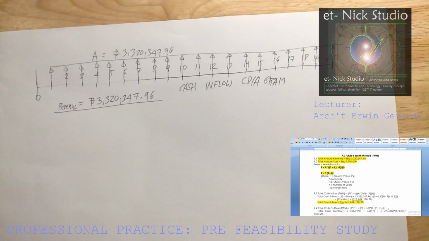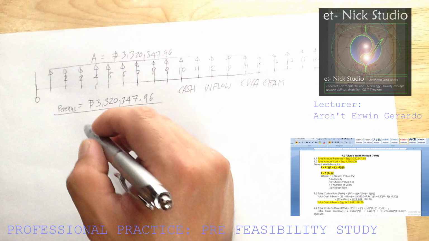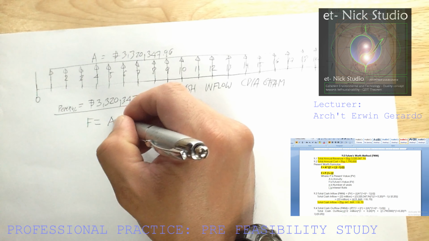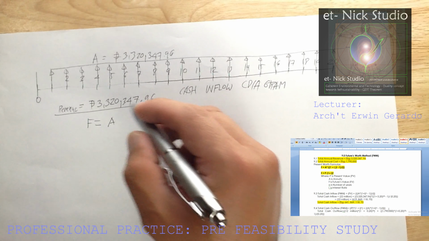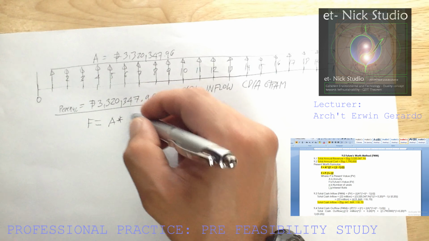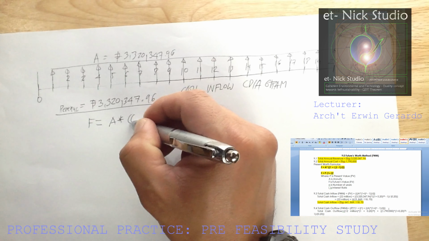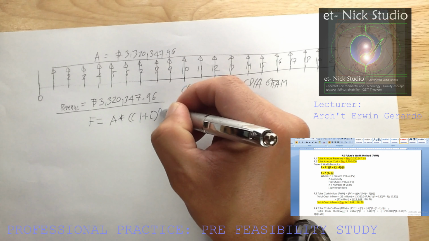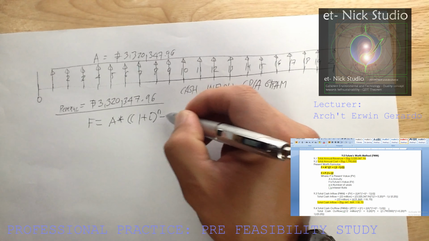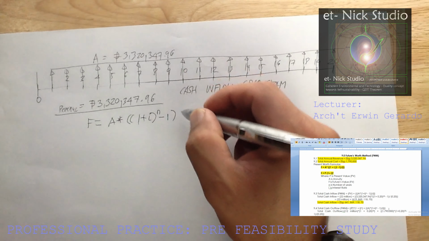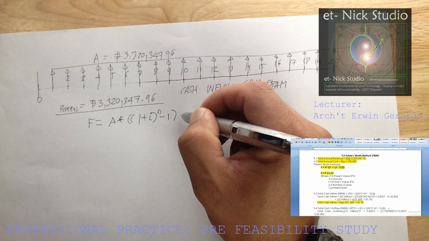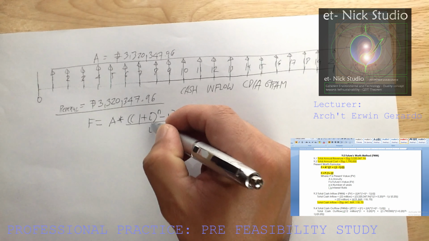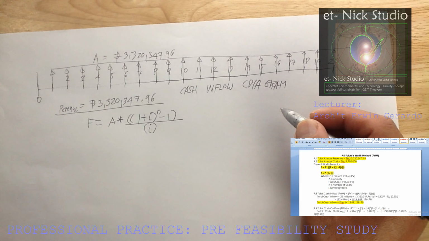Now let us also consider here the formulas, where F or the futures worth is annuity. So meaning the revenue here is constant, multiplied by 1 plus the interest raised over the number of years, which is equivalent to 20th year, minus 1. Then you need to divide this by the interest, which is actually 20%.